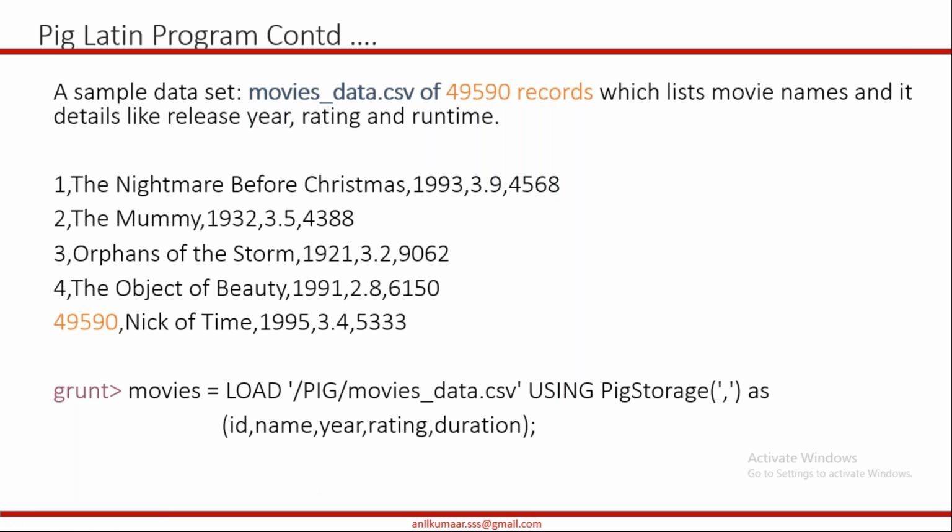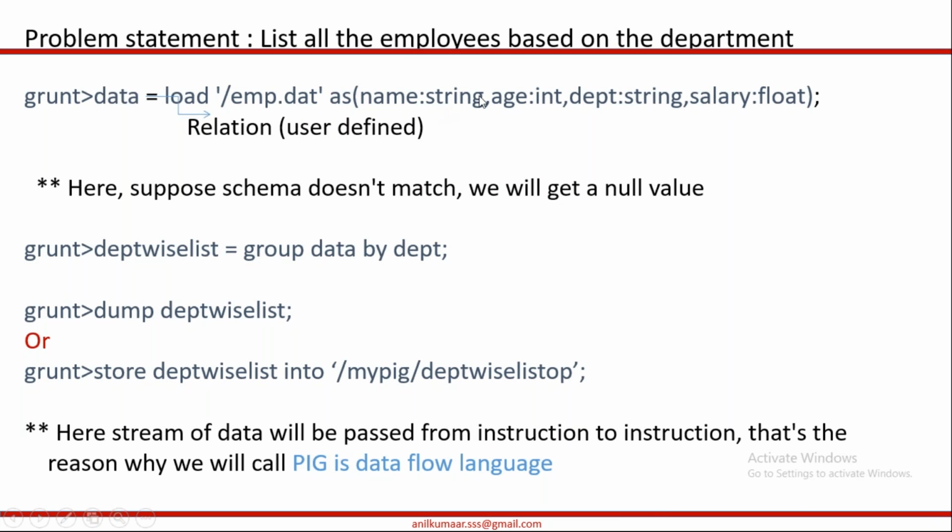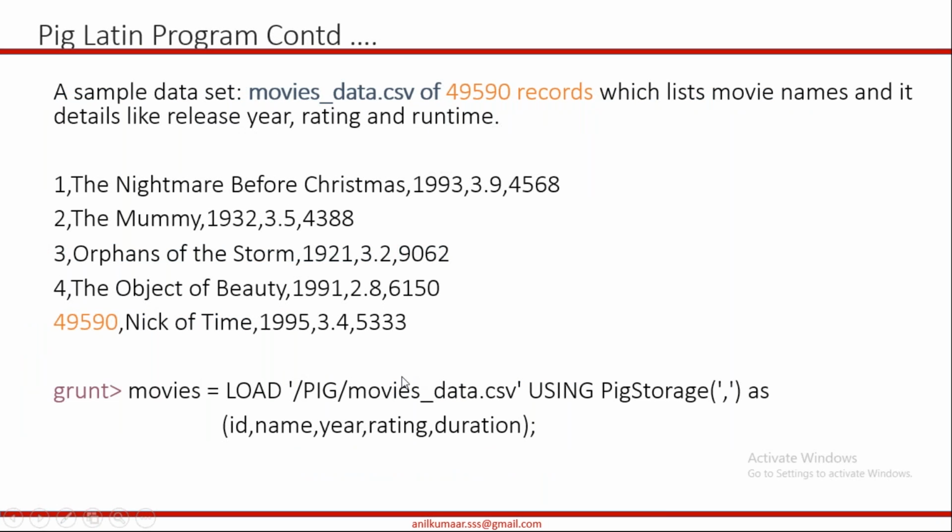In the earlier case, everything was given: name is a string, age is an integer. But here only partial information is available. Only field names are supplied, and the data types are not provided. So by default these will be assigned as byte arrays. We'll see that in practice in the hands-on part.